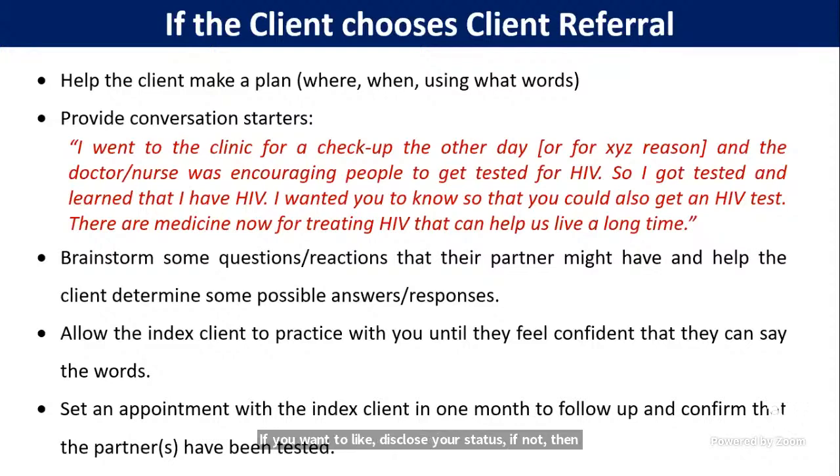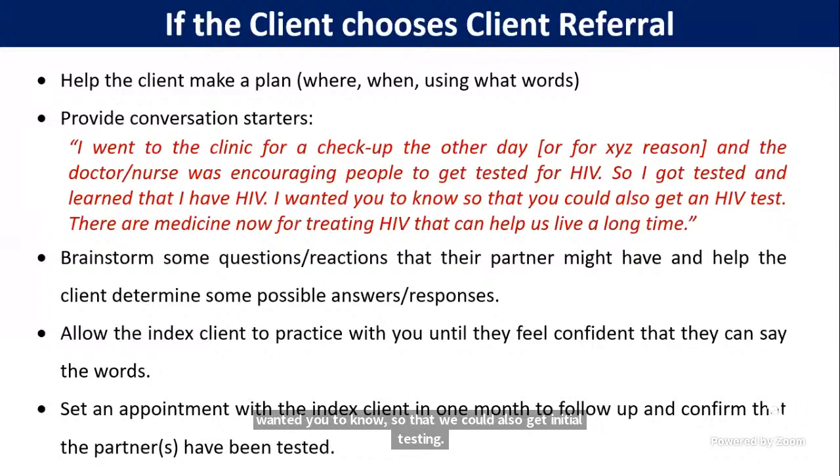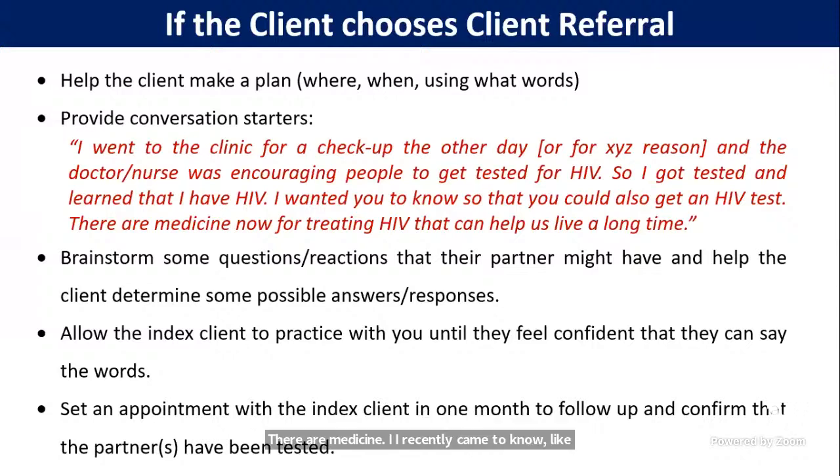I wanted you to know so that you could also get an HIV test. I recently came to know that there are medicines available for HIV treatment, and people can live a quality life for a longer period. There is no need to worry about HIV positivity, and we can live a long life, as it's a chronic manageable disease like hypertension or diabetes.